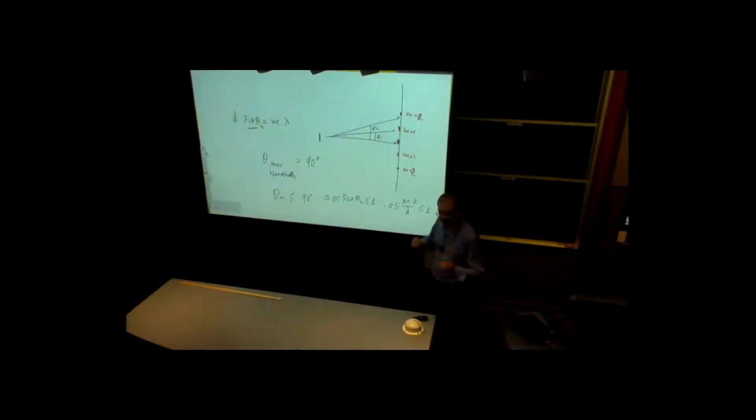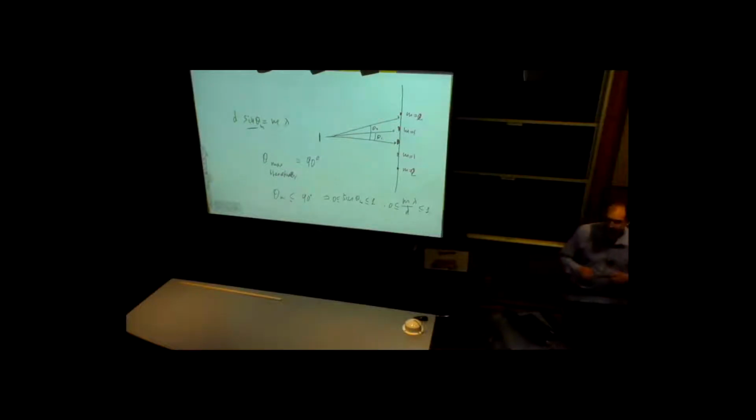So the last number which satisfies this condition represents the last maximum we can see. So there is a maximum for m. We call it m maximum. It exists.